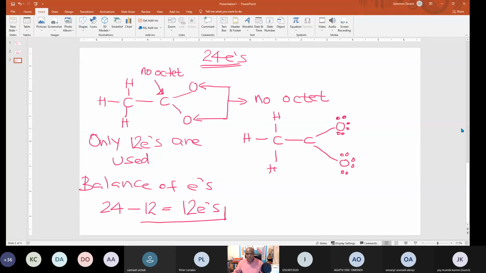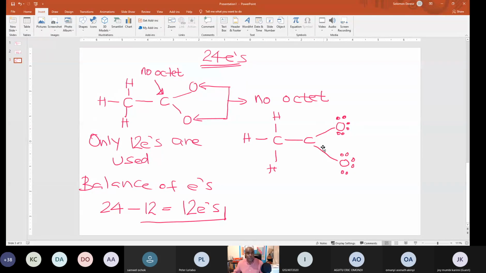Okay. So now, if you look at this structure, we have used all the 24 electrons. We used 6 of them in forming chemical bonds between the elements that are involved in chemical bonding in this particular molecule, as shared electrons. 6 shared pairs of electrons.